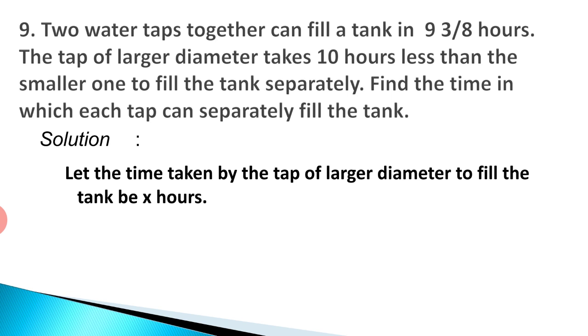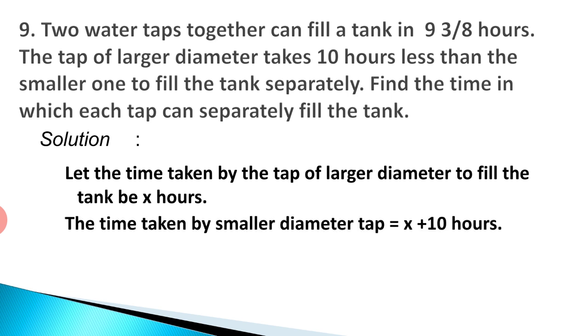So if you take the time taken by the tap of larger diameter to fill the tank as x hours, that is the larger diameter tap alone, what will be the time taken by the smaller diameter tap? It will be x plus 10. Now if you assume the smaller diameter tap to be x, then what will be the time taken by the larger diameter tap?